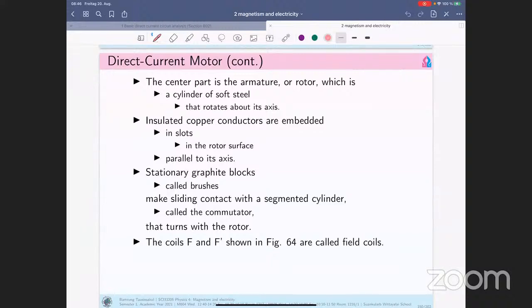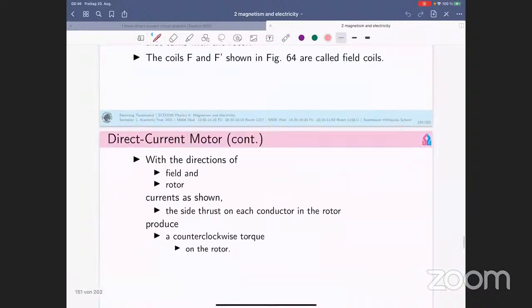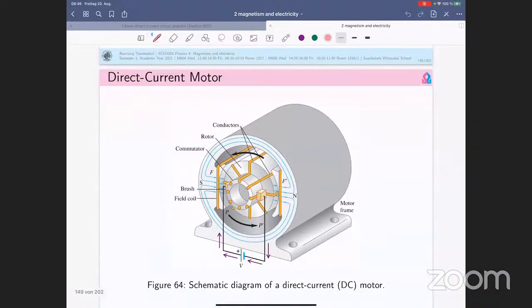That's the reason why we have several pairs of conductor. This is a pair and this is a pair of the conductor, and the upper and the lower will be connected to each other at the rear of this motor.